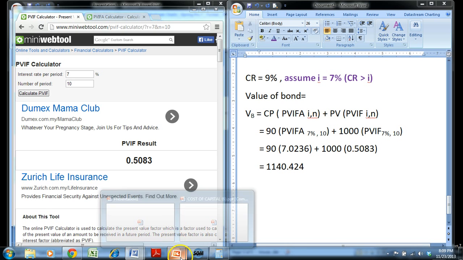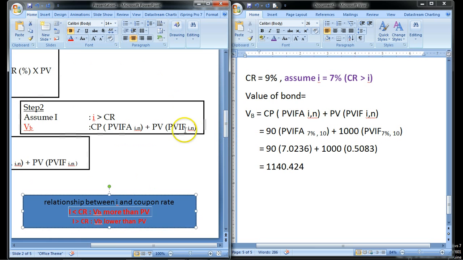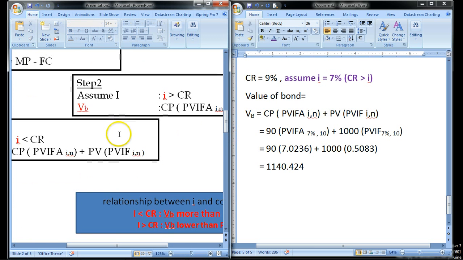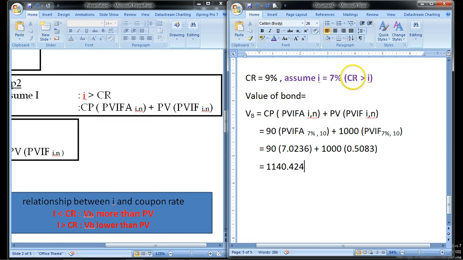Back to my knowledge just now. I repeat, when I is lower than CR, the value of bond is more than par value. CR is more than I, so your value of bond is more than par value. As I told you, par value is what, class?